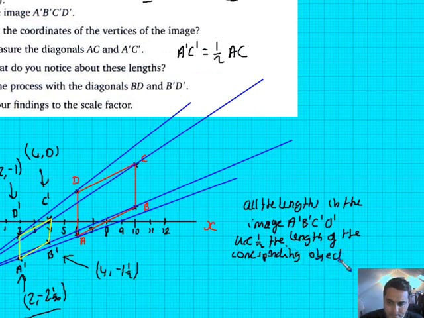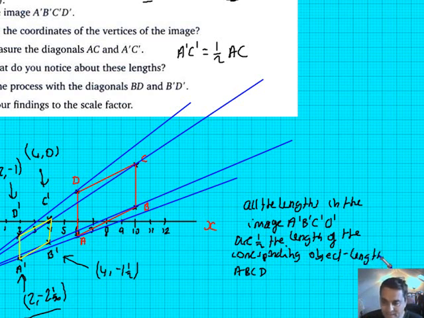And the object is what? Well, A, B, C, D. Alright? All the lengths in the image A dash, B dash, C dash and D dash are half the length of the corresponding object lengths. That's better. The corresponding object lengths in A, B, C, D. So, yeah, as clear as I can do it, really.